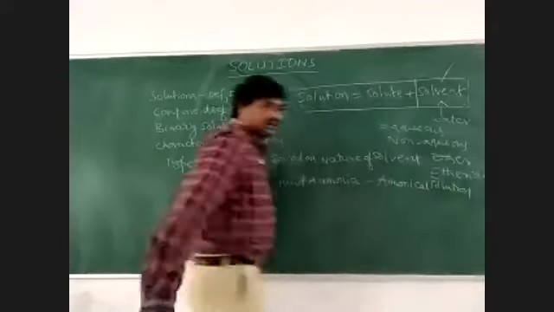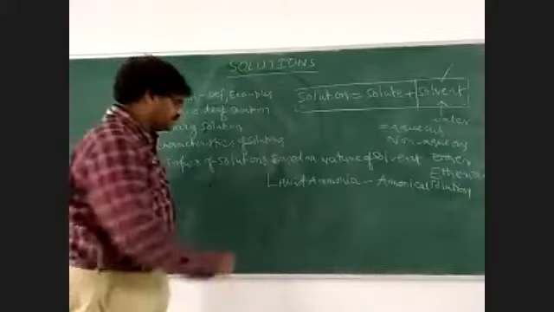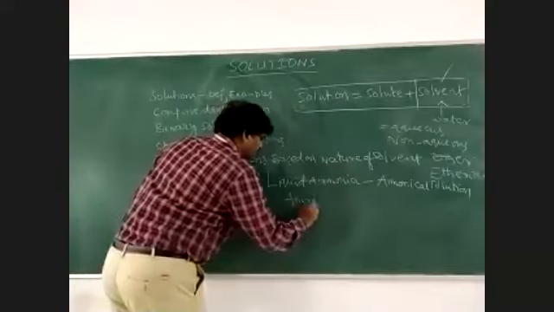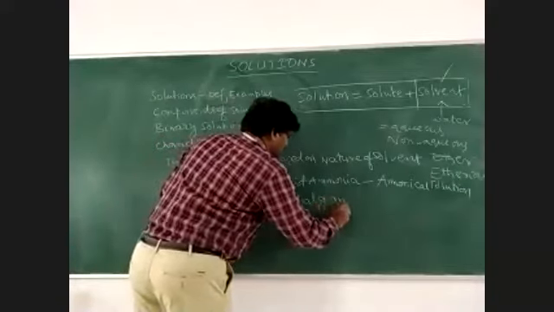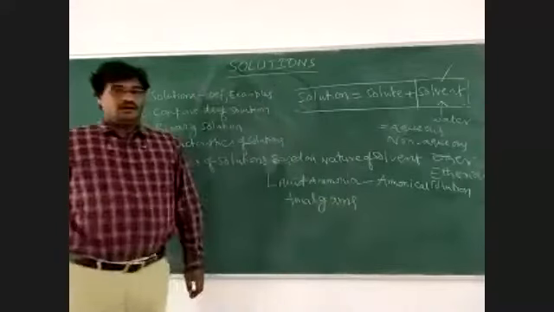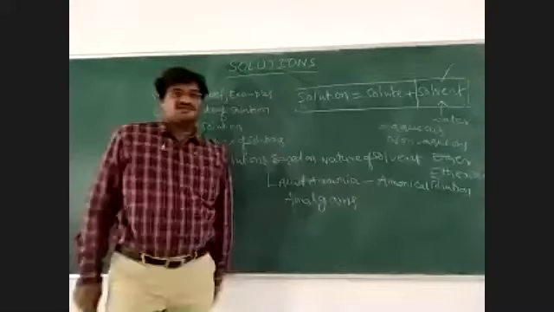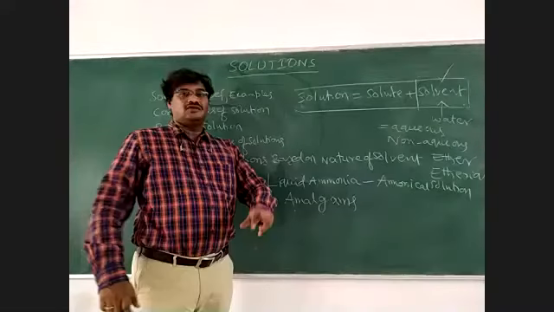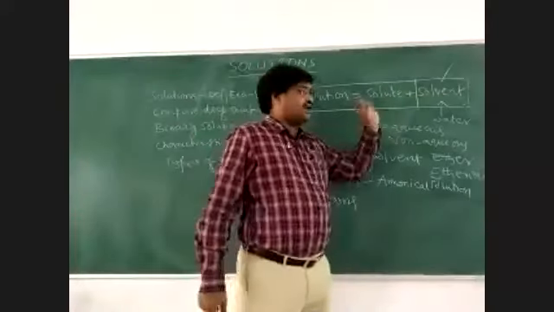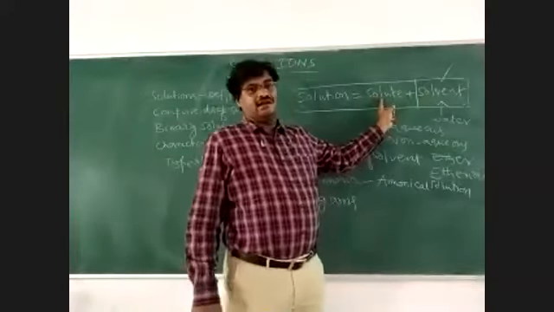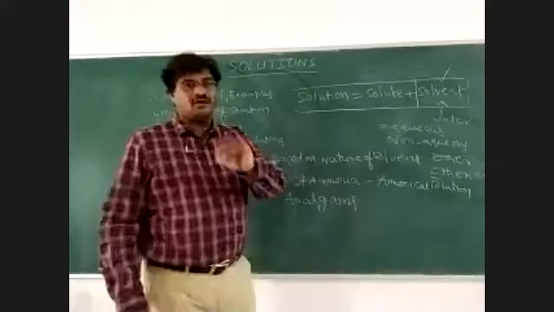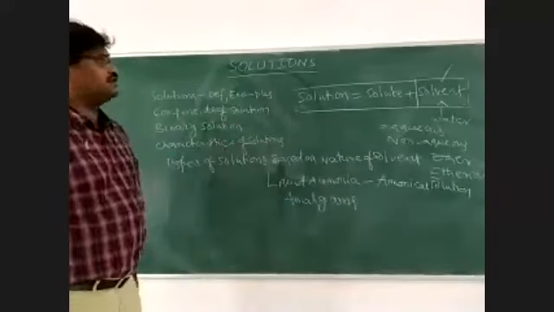If one of the components has mercury, then they are called amalgams. If one of the two components, either this one or this one, has mercury, they are called amalgams. There are 4 types based on nature of solvent.